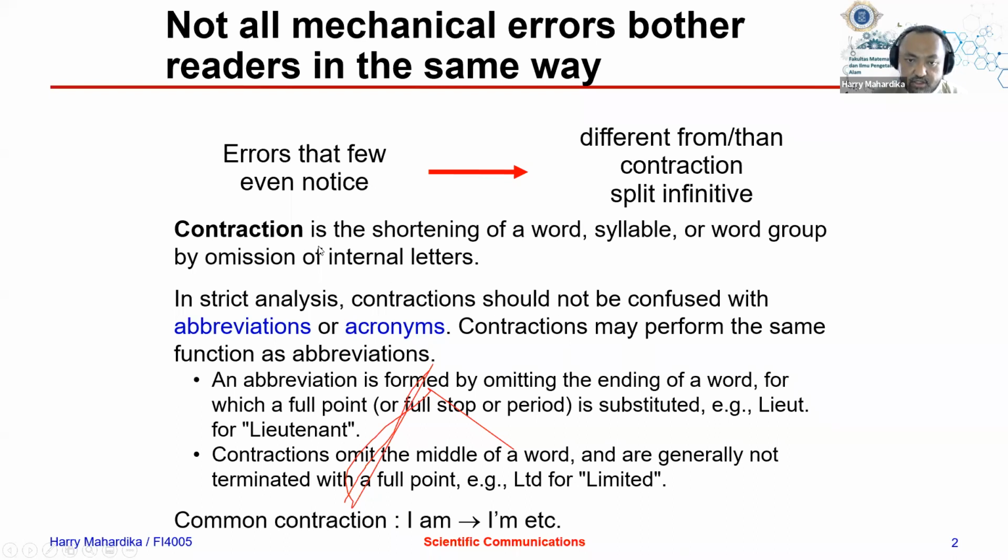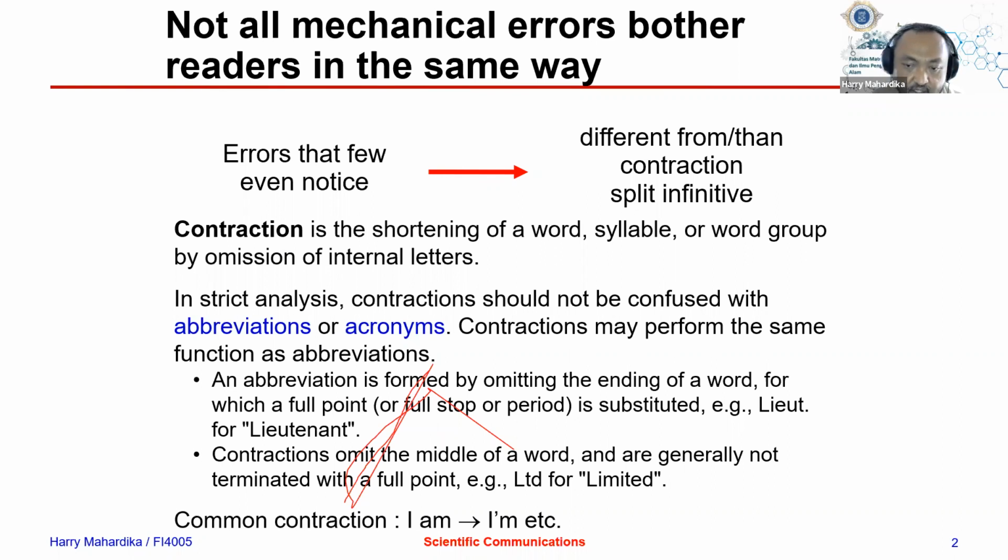Contractions are the shortening of a word, syllable, or word group by omission of internal letters. In strict analysis, contractions should not be confused with abbreviations or acronyms. A contraction may perform the same function as an abbreviation. An abbreviation is formed by omitting the end of a word, for which a full point or full stop or period is substituted.